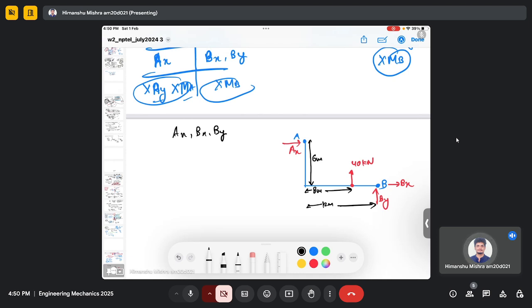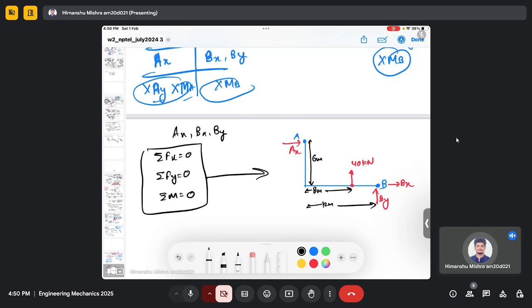So you can see there are three unknowns. So we should use three equilibrium equations, which are the sum of Fx equals 0, the sum of Fy equals 0, and the moment at a given point equals 0. This equation should be applied on the free body diagram.